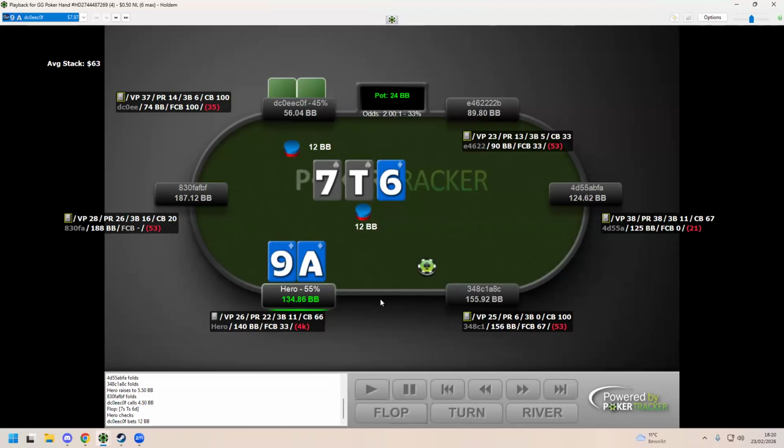So probably this is a fine hand to give up on. You have a gutter and a backdoor, but against this size, I think it's a reasonable overfold. But the other thing you want to think about, go ahead, sorry.